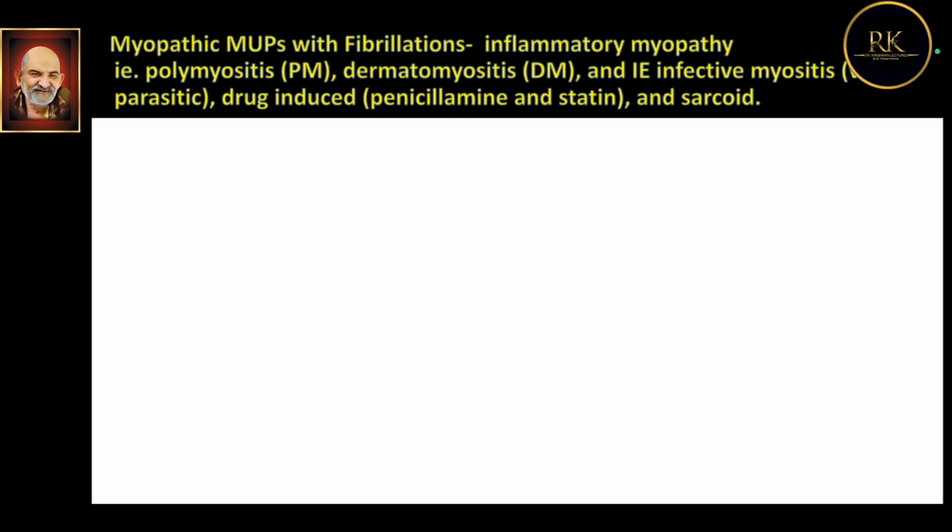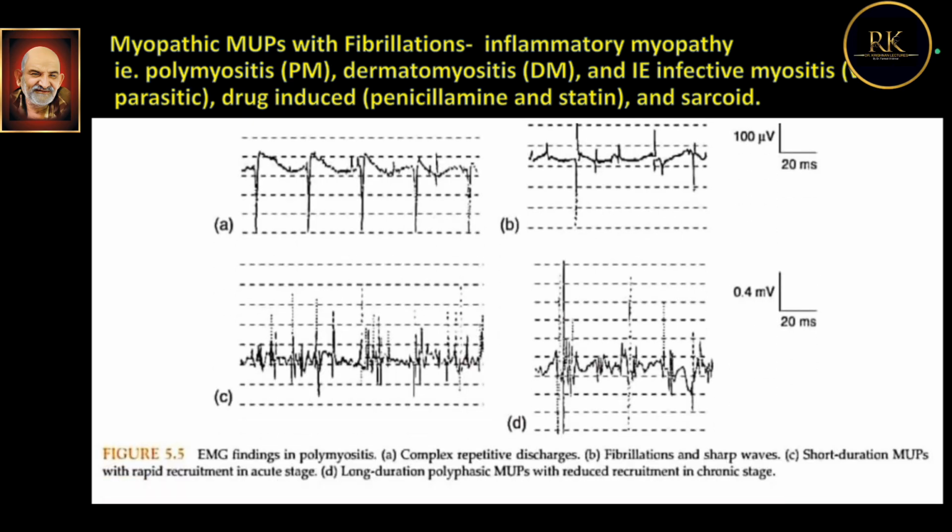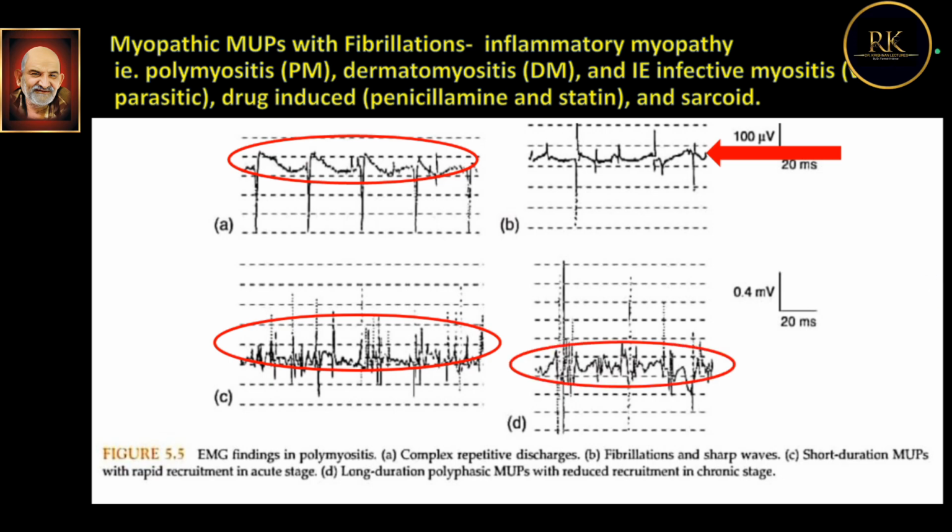This EMG is of a patient with polymyositis. Here in A we have complex repetitive discharges. In B there are fibrillations with sharp waves. C shows short duration motor unit potentials with rapid recruitment, and D shows long duration polyphasic motor unit potentials with reduced recruitment in the chronic stage.